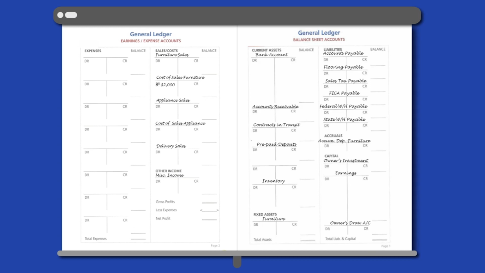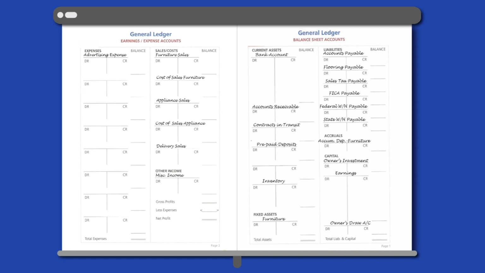Now, over in the expenses, we're going to have several different expenses because we want to keep track of our expenses in different ways. Typically, expenses are just sorted alphabetically. That's generally how they're done, okay? And so the first expense we'll have is advertising expense. So on the left-hand side, in the first T account, write advertising expense.